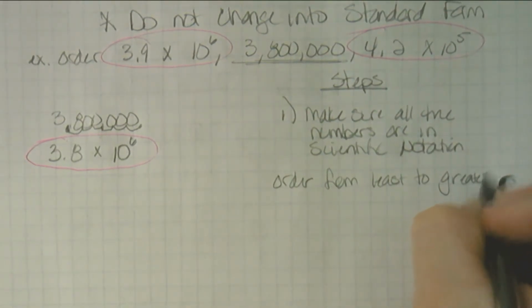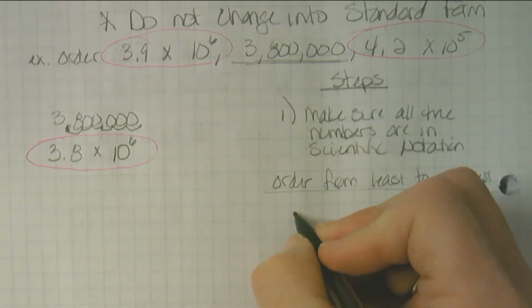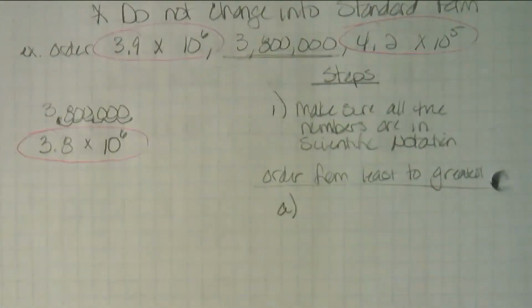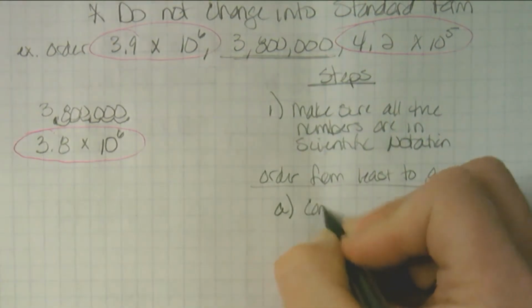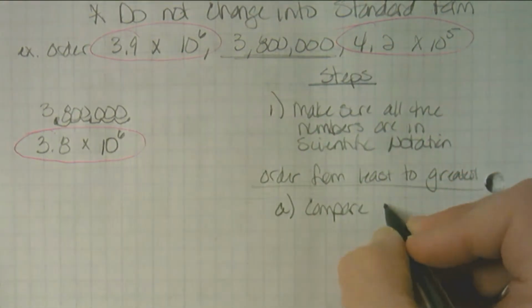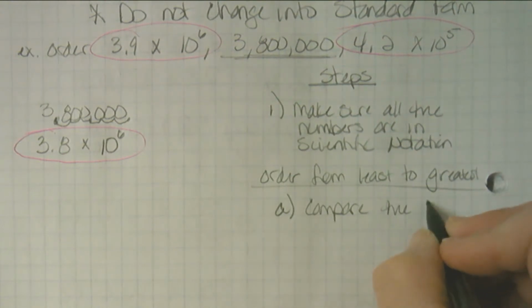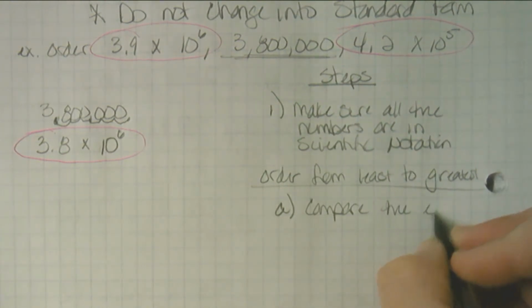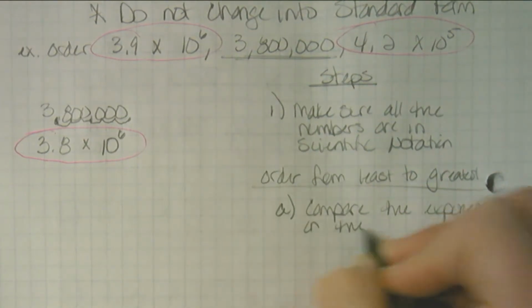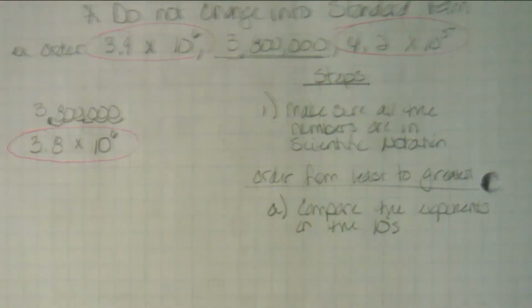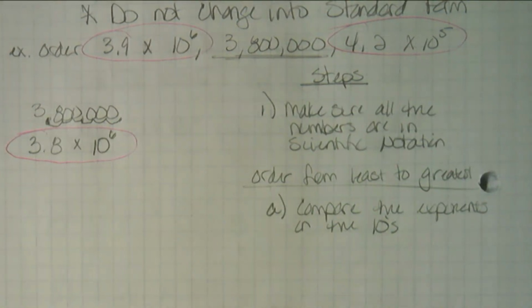To order from least to greatest, I'm going to use A here. The first thing you're doing is comparing the exponents on the tens. Smaller the exponent, the smaller the number.